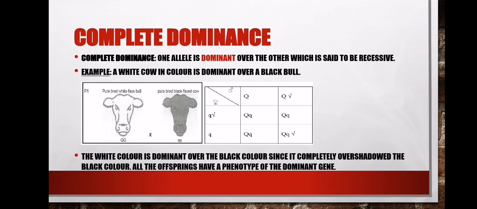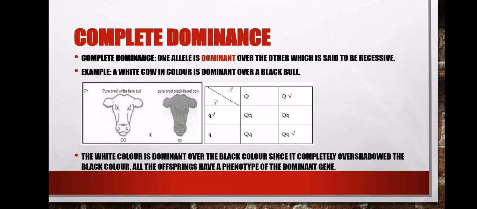As a result, the offspring will show the characteristics of the dominant gene. What am I saying? A gene that is dominant in the parents is the one that will be shown in the phenotype of the offspring.